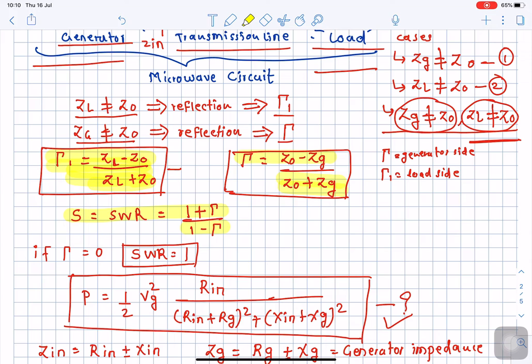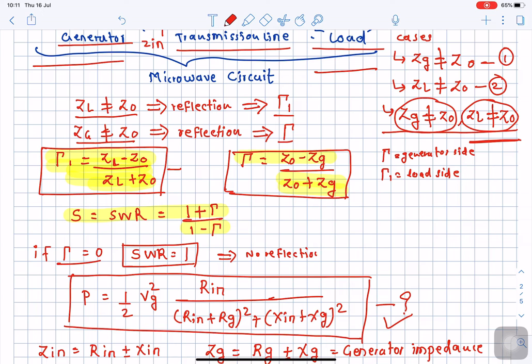Okay, so if reflection becomes 0, when will the reflection become 0? When there is no mismatch. Please remember, it is very important, whenever there is a mismatch, the value of gamma will be non-zero. Always we want to make the value of gamma 0. So what does gamma equal to 0 indicate? This indicates the no reflection condition.